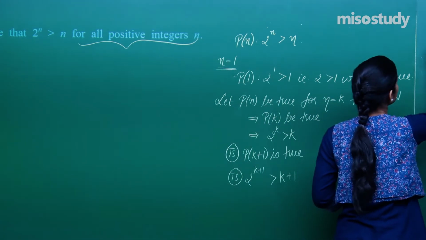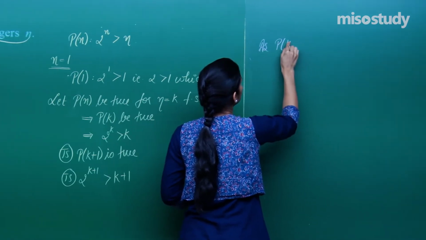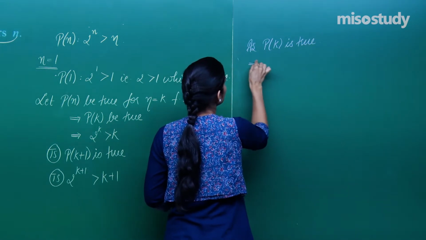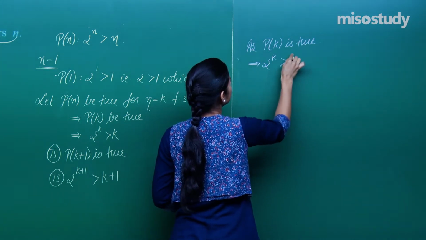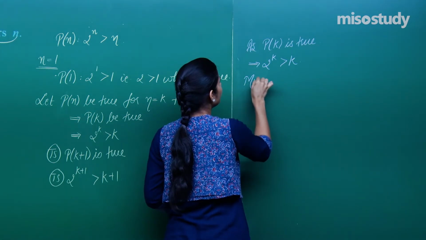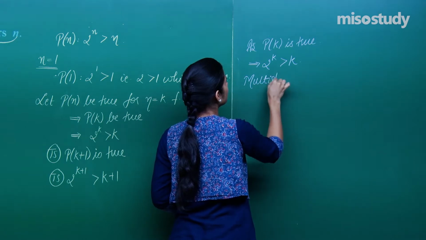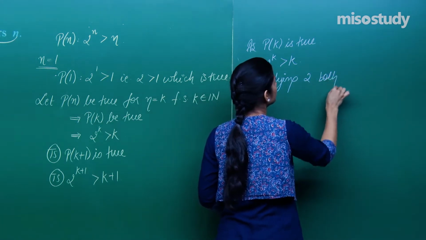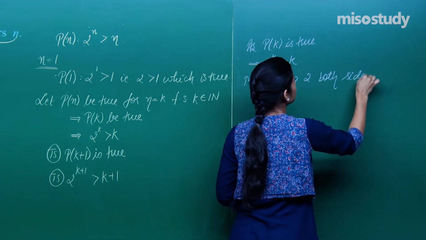So as Pk is true, this is given to me. This implies 2 to the power k is greater than k. If you multiply both sides by 2, what do you get?